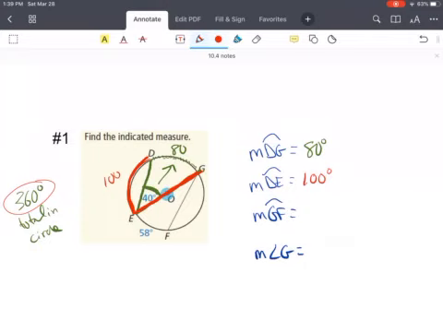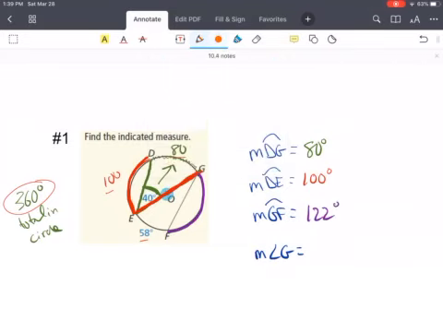And then for arc GF, we can take what we have with 100 and then 80 and then 58 and subtract that from 360 and find out what is left for arc GF, which is going to be 122 degrees.